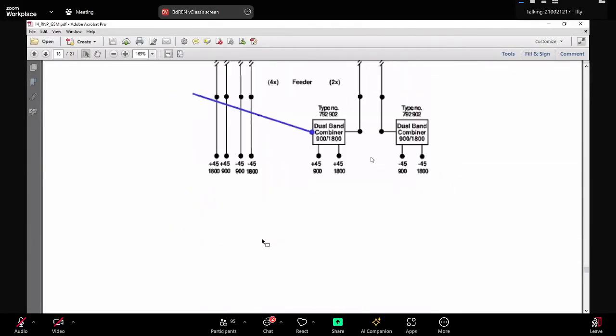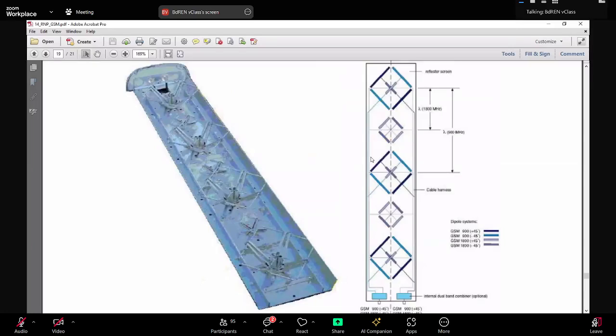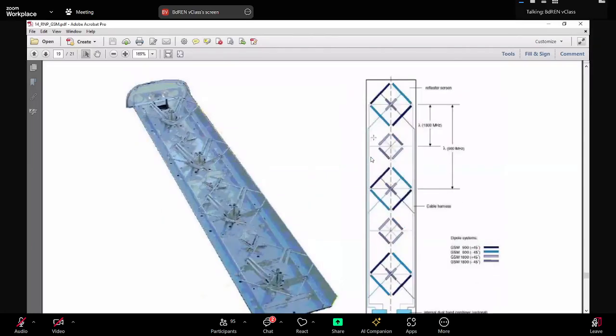Okay. And so, this is the picture of a practical antenna. And here is the schematic diagram. And probably it is to some extent clear, I guess.